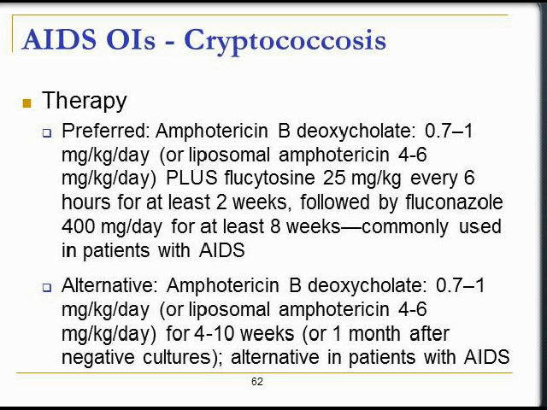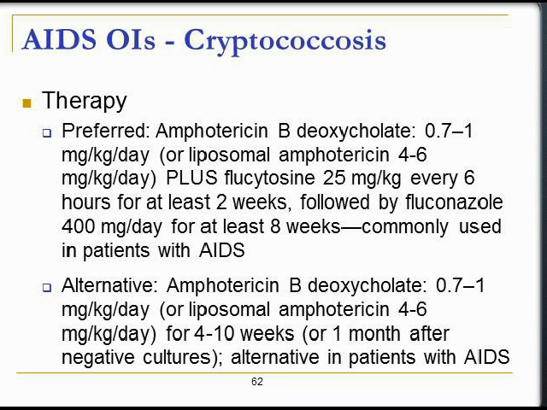And there was just a study, if you read the New England Journal regularly, that came out about a month ago that looked at amphotericin alone versus ampho plus fluconazole versus ampho plus flucytosine, and confirmed once again that the best of those is amphotericin plus flucytosine, that combination therapy.